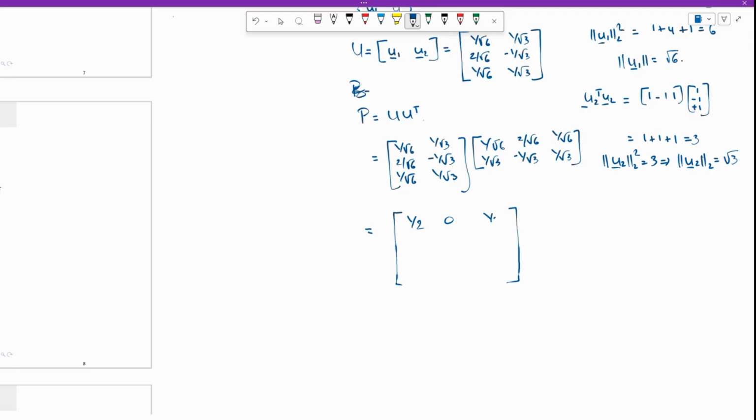That will be 1 by 2. This will be 2 by 6 minus 0. What will this be? 4 by 6 plus 1 by 3. That's 2 by 3. That's 1. 2 by 6 minus 1 by 3. 1 by 3 is 0.